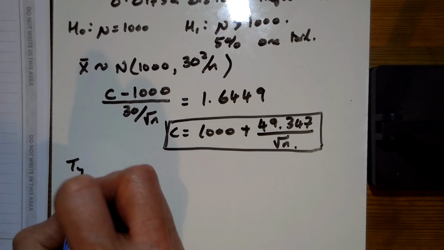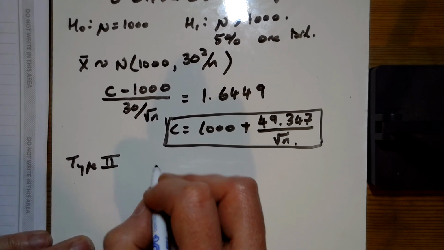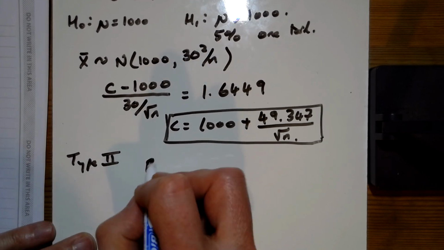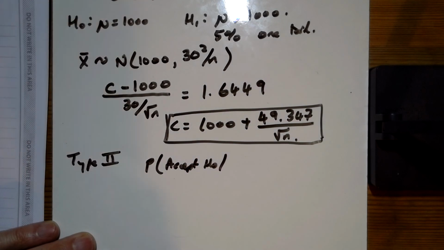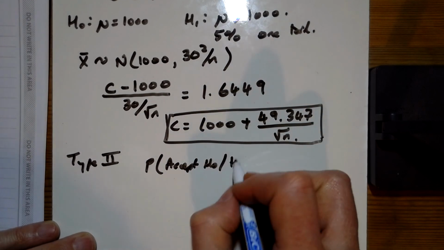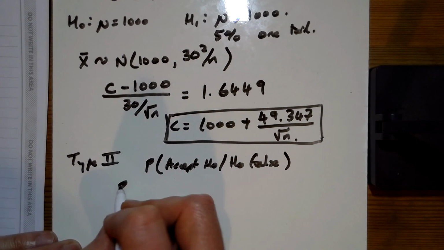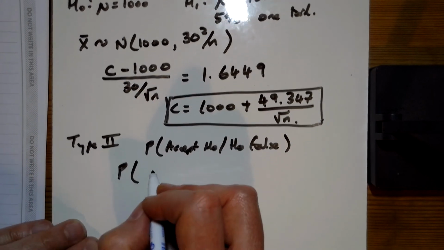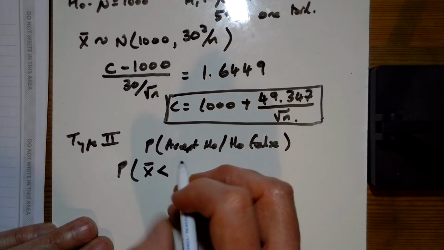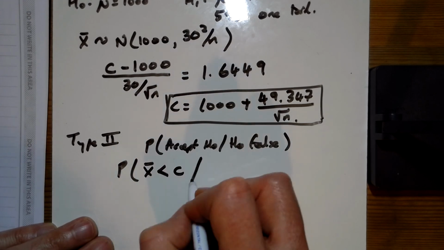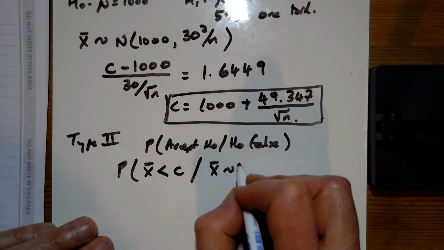So the type 2 error, and the probability of a type 2 error is that. So that is the probability of accepting H0, given that H0 is false. So we would accept H0, that is the probability that the mean is less than that critical value, given that X bar is a normal distribution.